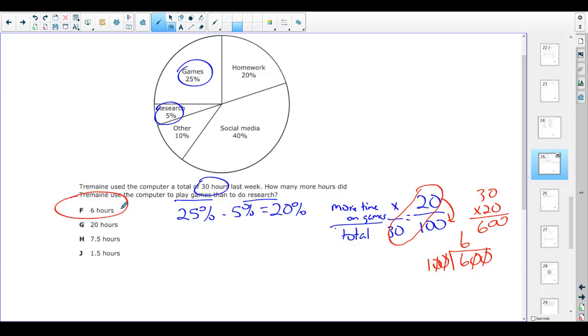Right, the other way we could have done this, we could have set up a proportion for each, and figured out how many hours he spent on each of these things. Like, if 1% is, this would be 1.5 hours here, and 7.5 hours on games. And then we could have taken the difference between them, like 7.5 minus 1.5 is 6.0.